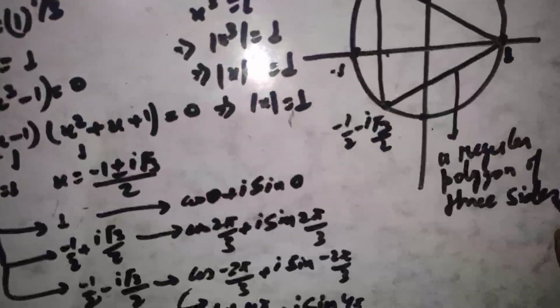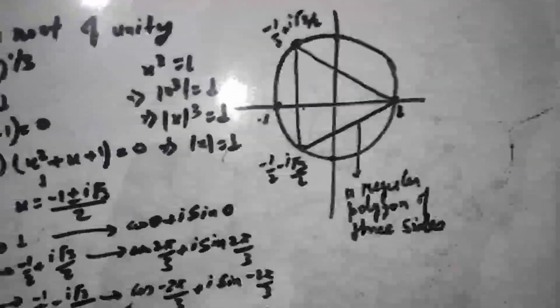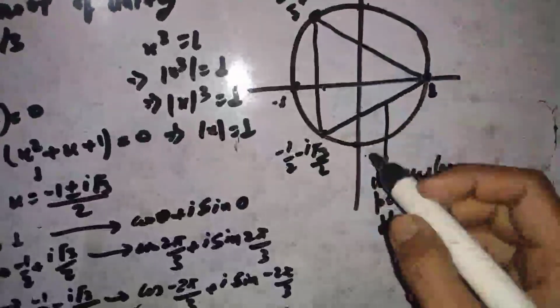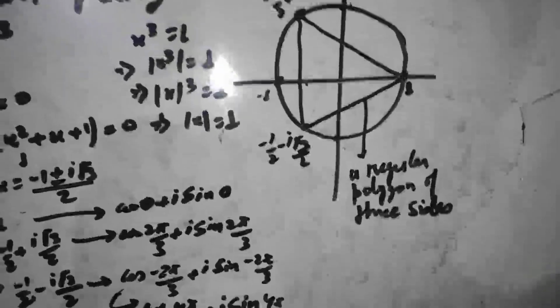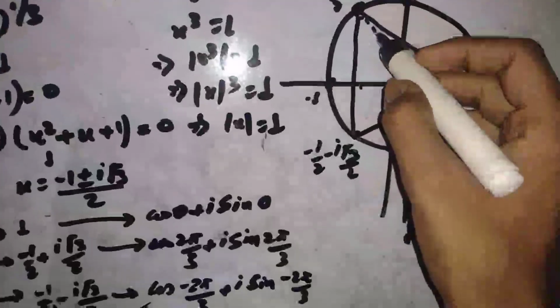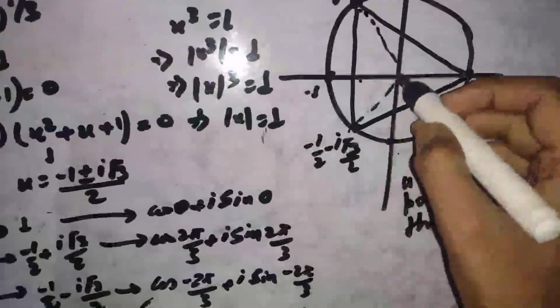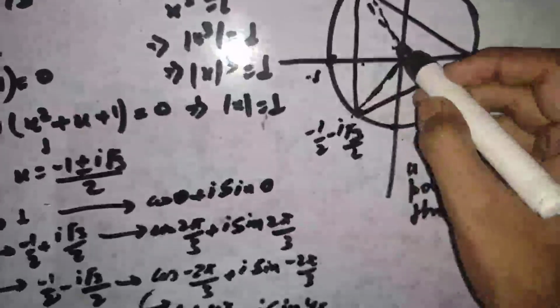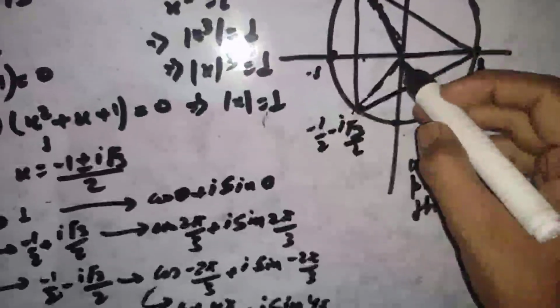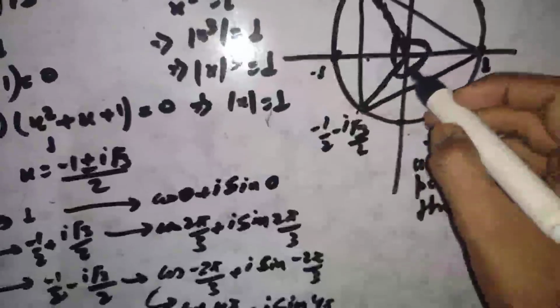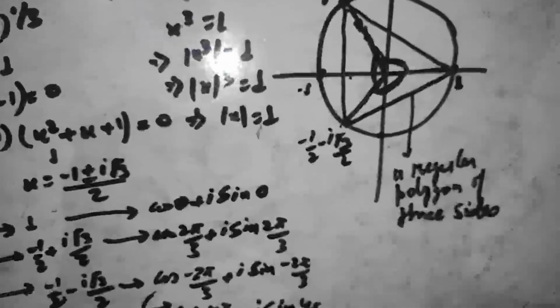Okay, so we are getting a regular polygon of 3 sides, and if you join these with the center, all these angles are 2 pi by 3, this is also 2 pi by 3, this is 2 pi by 3, and we can actually verify it.